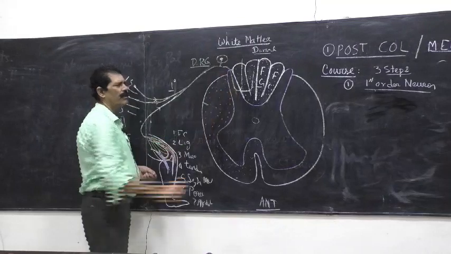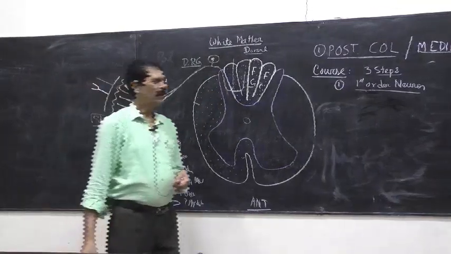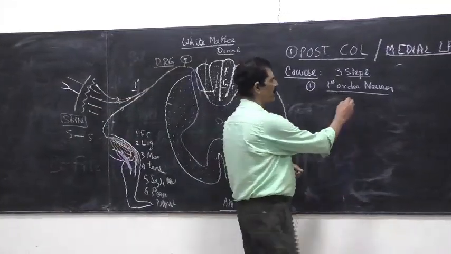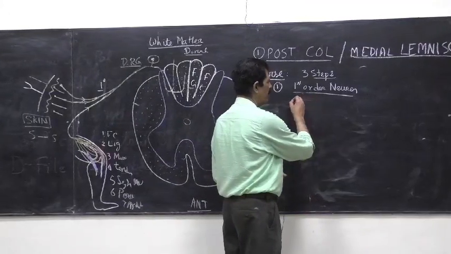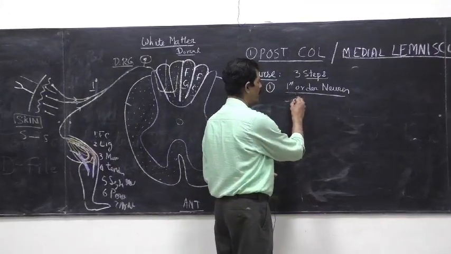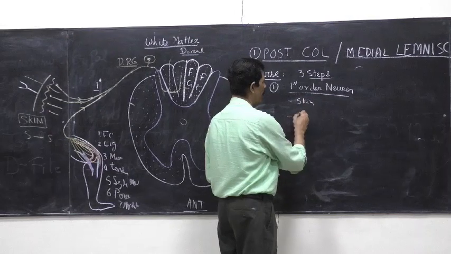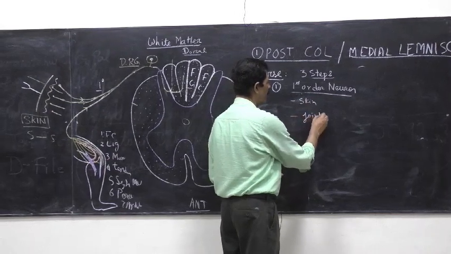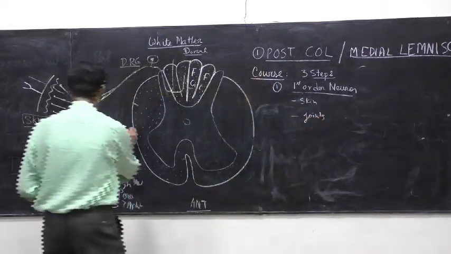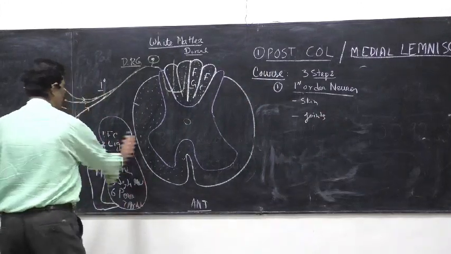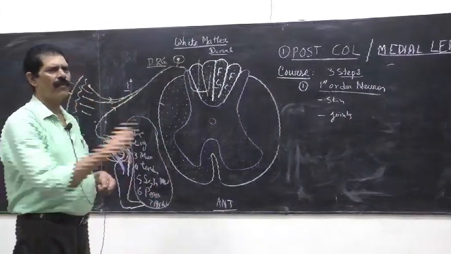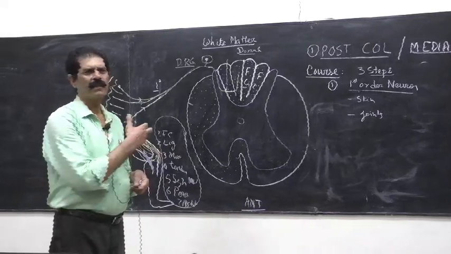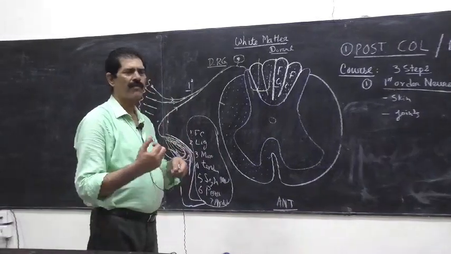So it goes into the two bundles. For the first order neuron, you have to write everything: that it starts from the skin, dermis, and from the various parts of the joints. You have to write everything here, from where the first order neuron is gathering and collecting the information.